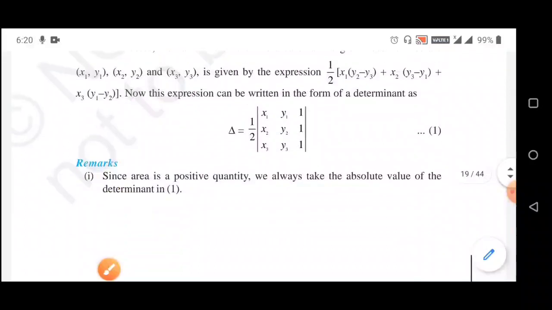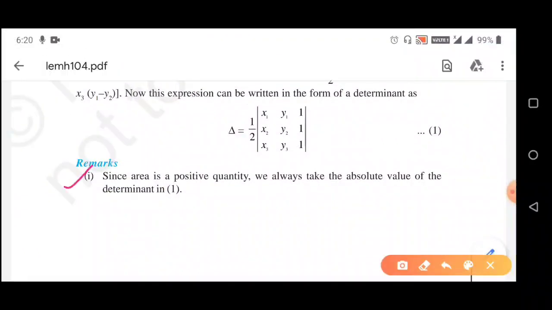Now here some remarks are given. The first one is, since area is a positive quantity, we always take the absolute value of the determinant in equation 1. Whenever we find the area, since area is a positive quantity, we will take the positive value of this determinant.